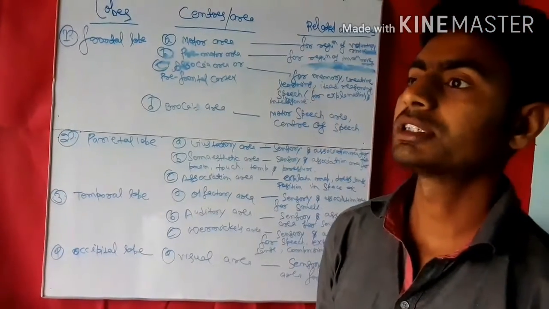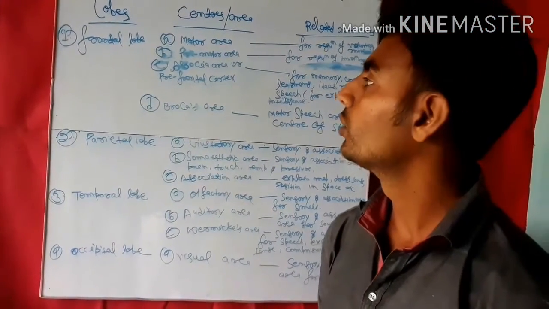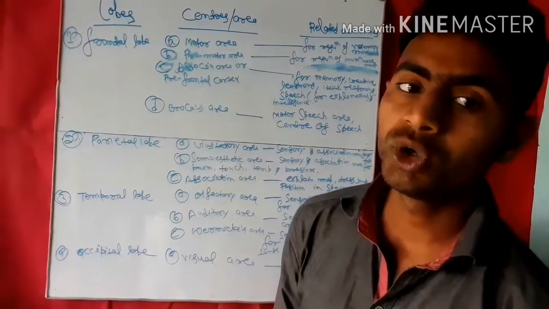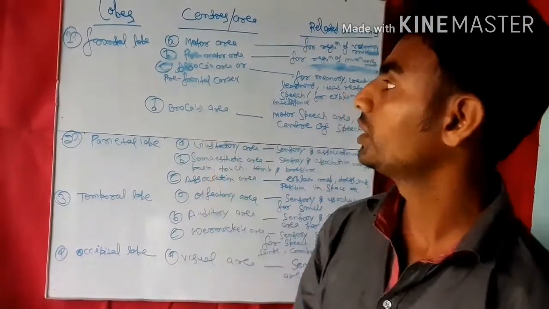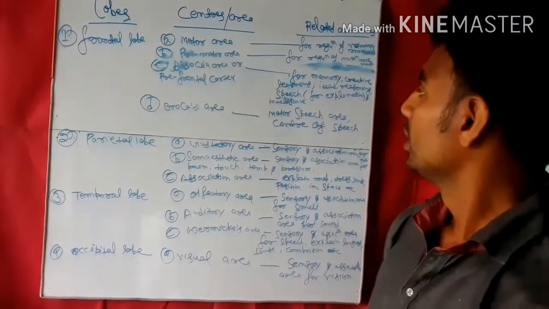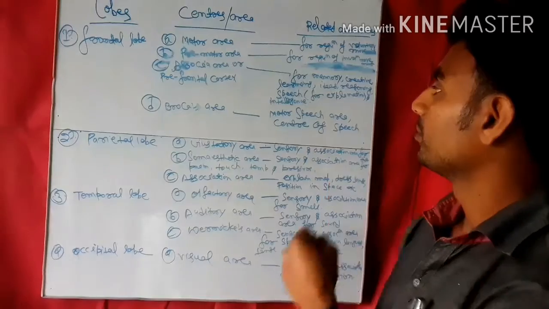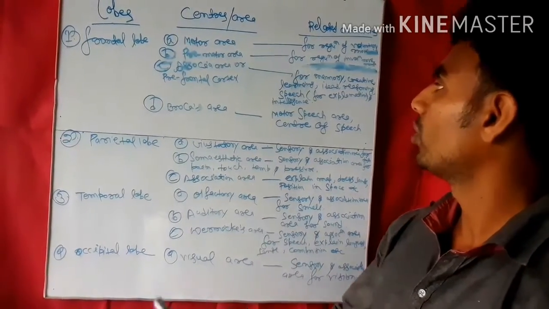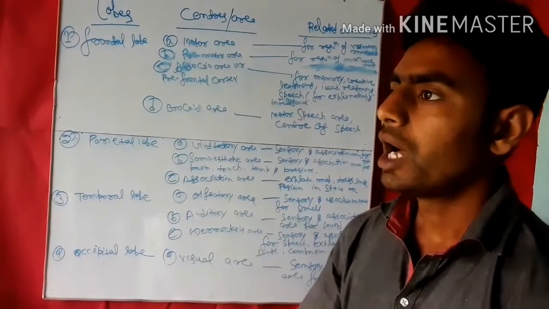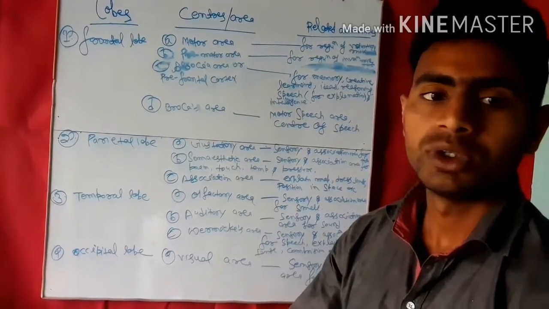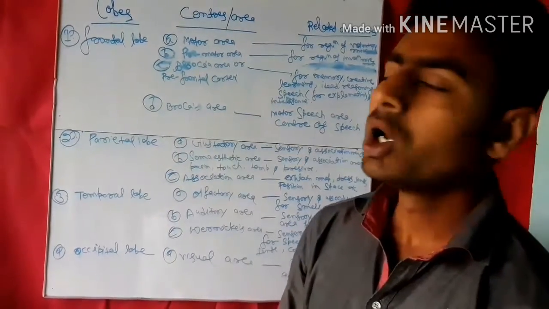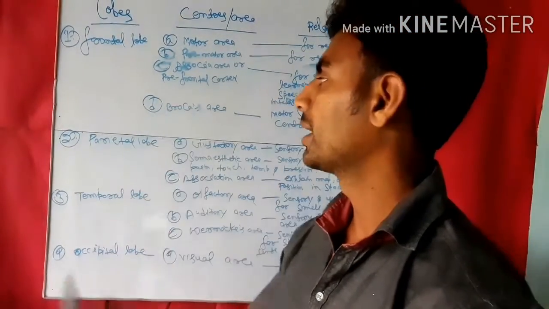All these functions are controlled by the frontal lobe, and in the frontal lobe by the association area or prefrontal cortex.